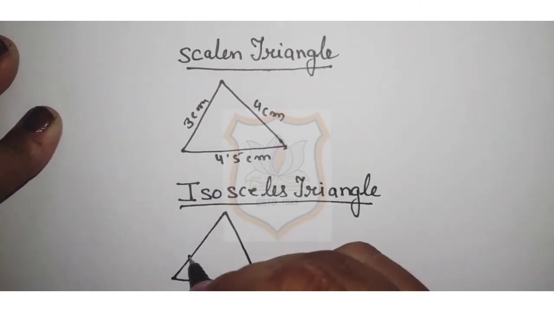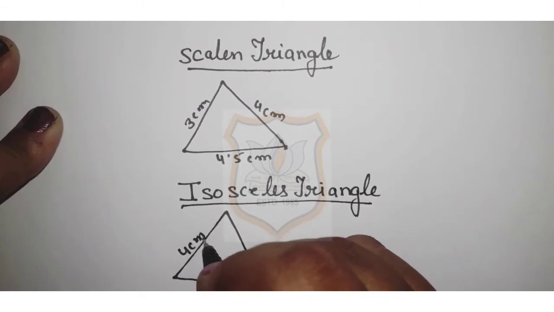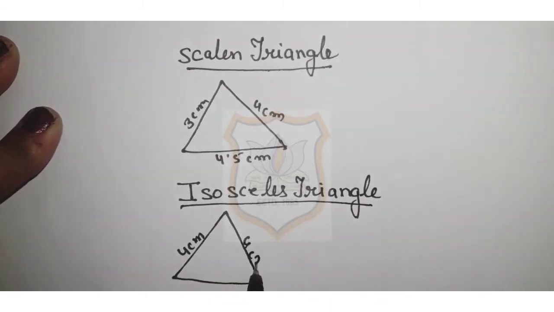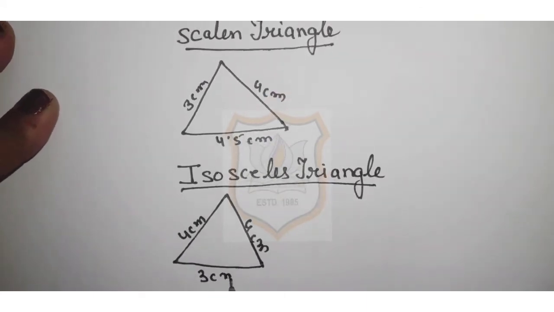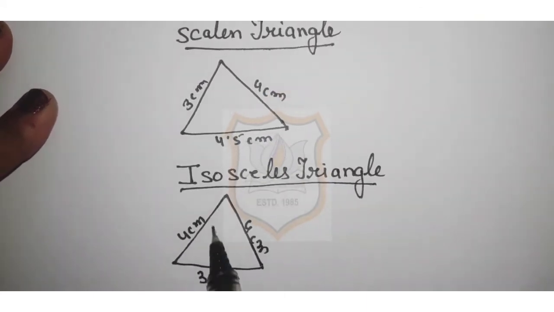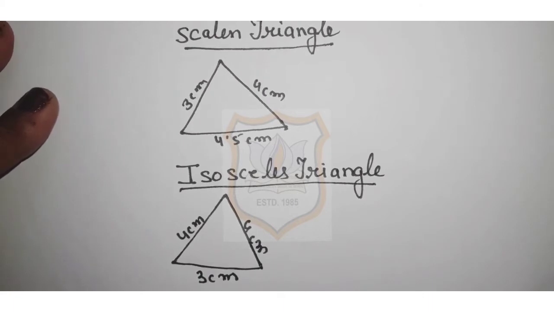Measure of this side is suppose 4 centimeter. This one is also 4 centimeter and this one is 3 centimeter. So, isosceles triangle is a triangle which has 2 sides of equal measure and 1 side of unequal measure. That is called as isosceles triangle.